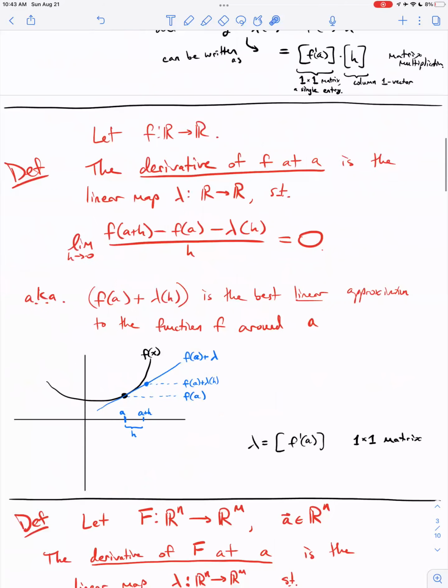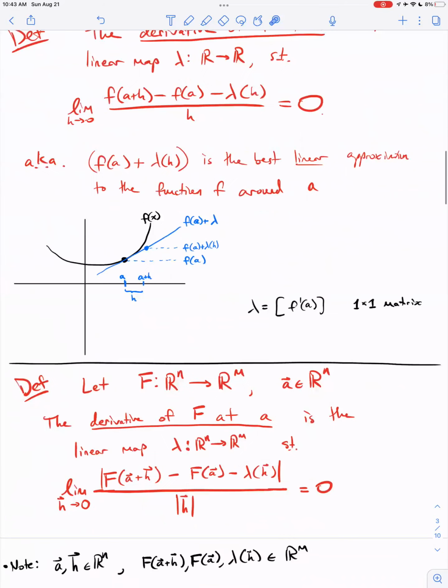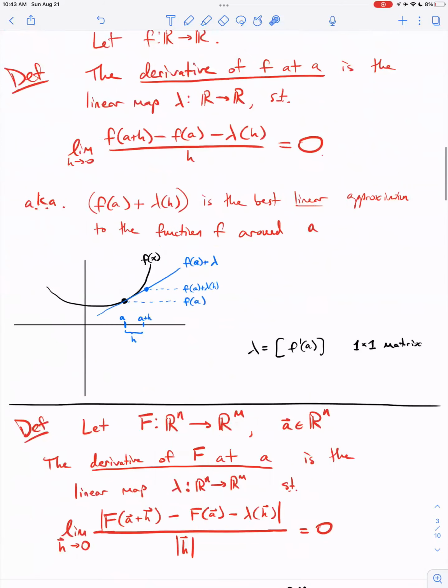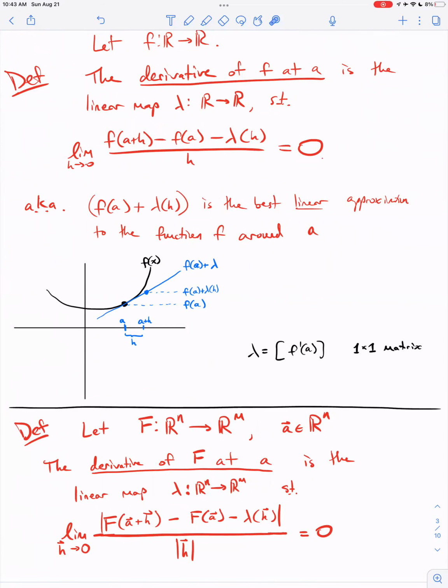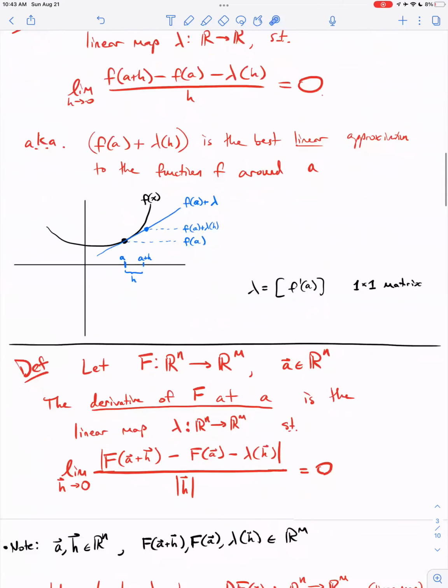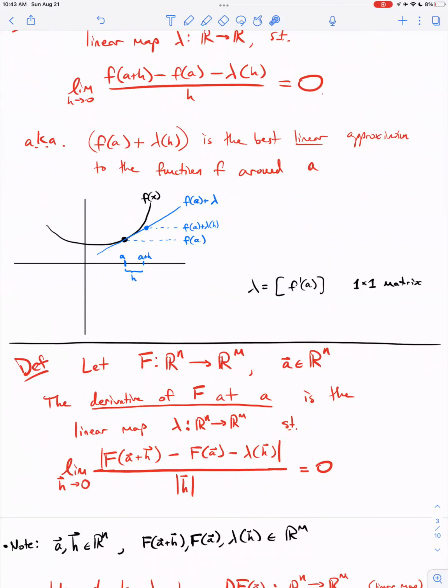Okay, so now if we want to work with multiple dimensions, we have to work around this vector problem. But since we've reformulated it in a way that a limit of something is 0, we can take norms basically everywhere. And that's how we solve the vector problem, so that we're only working with real numbers at the end, right?